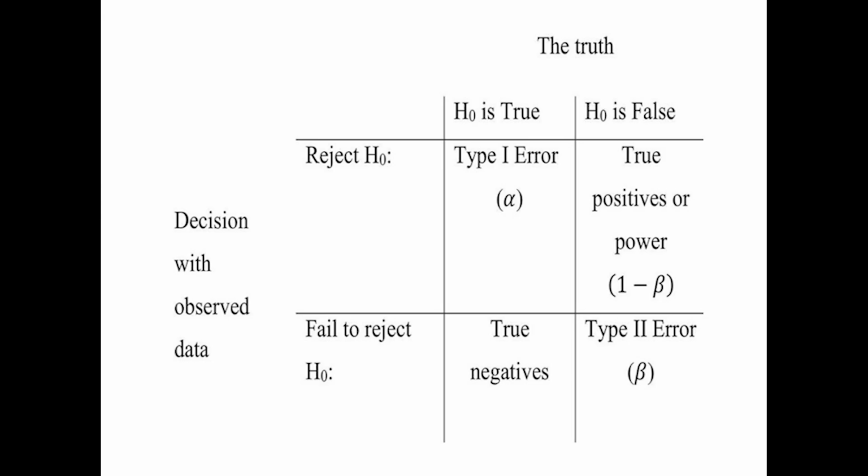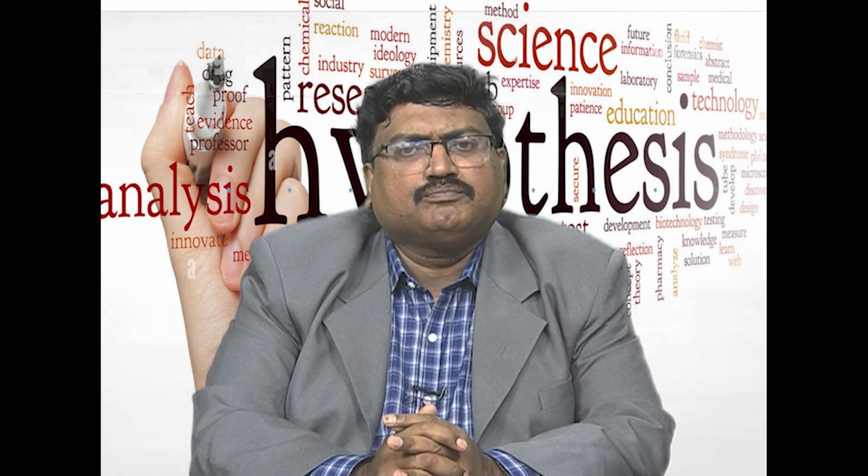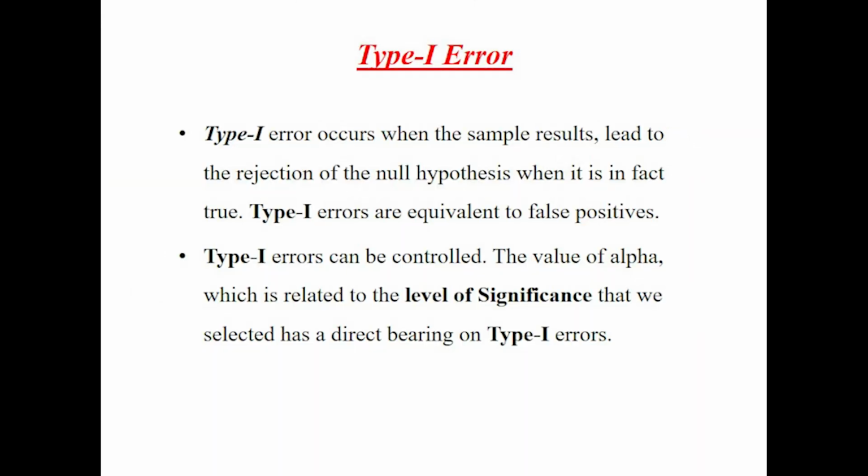If the statement is true and we reject it, we call it the type 1 error, which is denoted by the Greek letter alpha. If the statement is false and we accept it, we call it the type 2 error, denoted by the Greek letter beta. So, to put it in simple words, what is a type 1 error? If the hypothesis is true and we reject it, we call it the type 1 error.